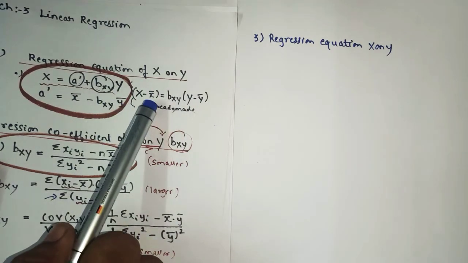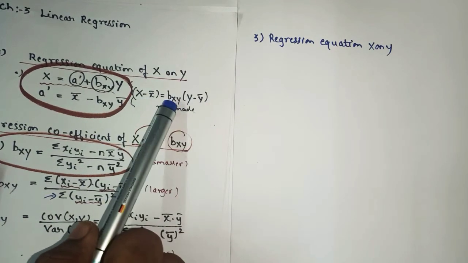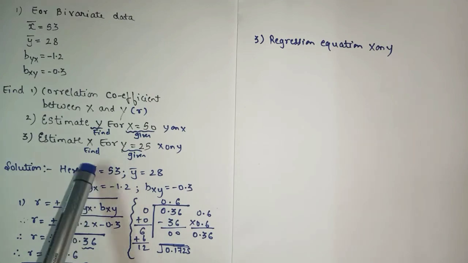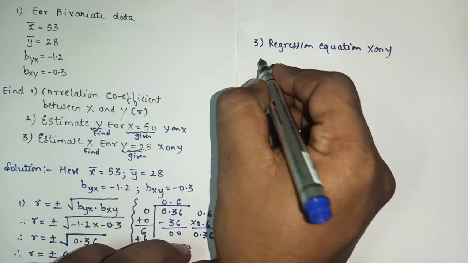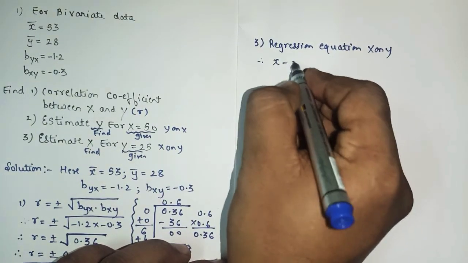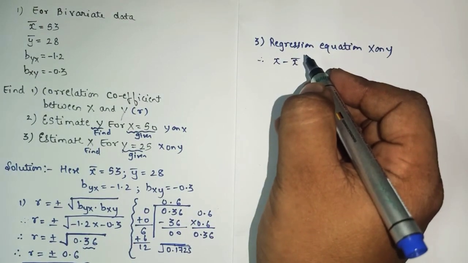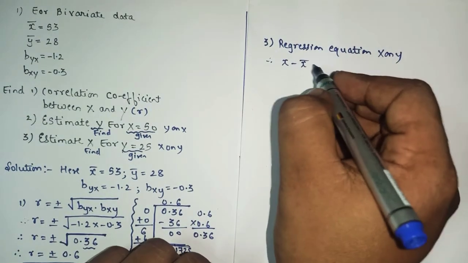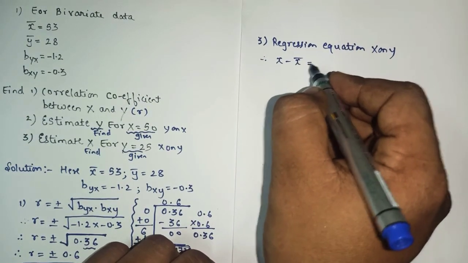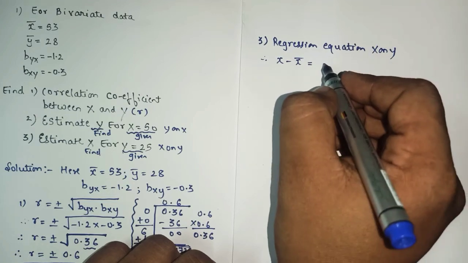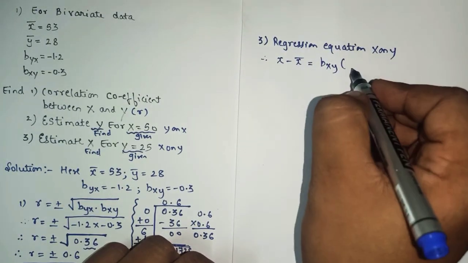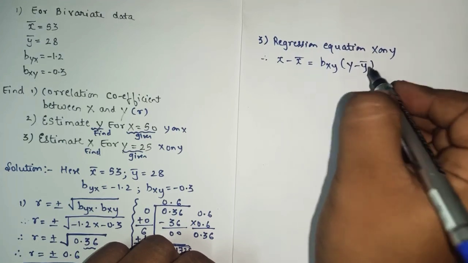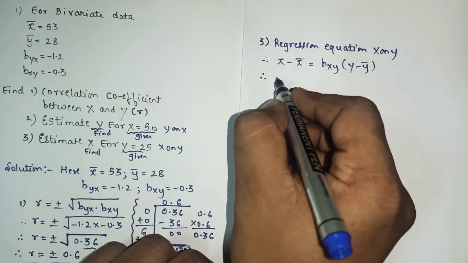As here clearly we can see that we have x mean, y mean, and bxy. X mean, y mean, bxy. So we'll apply the second formula. Okay, so the second formula is what? X minus x mean equals bxy. Inside the bracket it will be y minus y mean. So simply substitute the value.